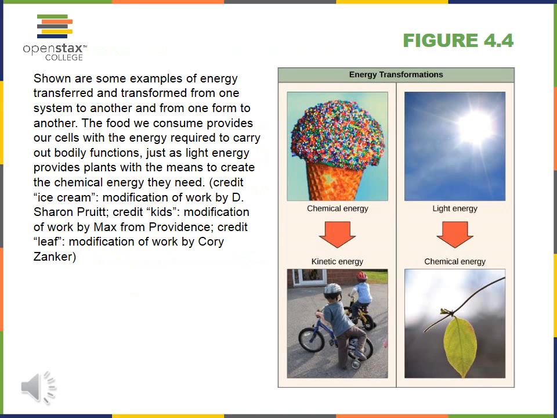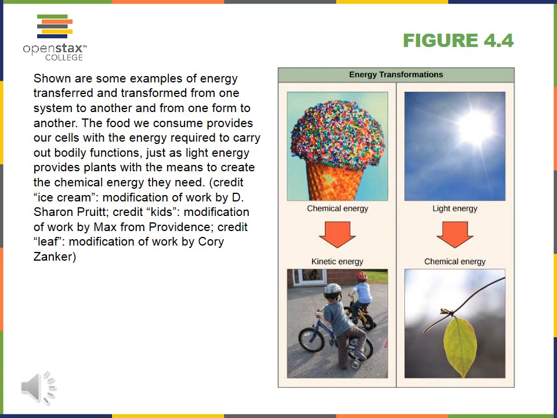This figure just roughly shows you some brief examples of different types of energy transformations. So we've talked about light energy coming from the sun, going into plants and being converted into chemical energy.